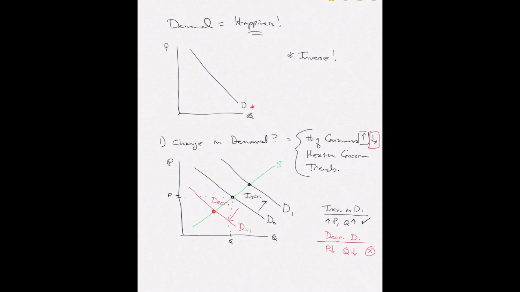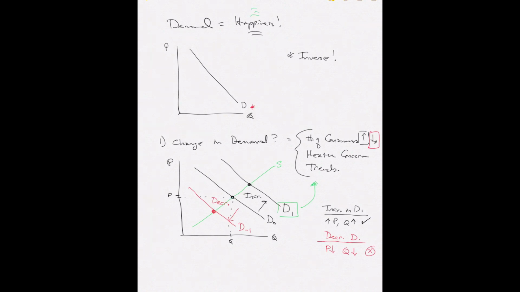However, if you have another situation where you lose consumers, then you can see you have this lower situation, and so we call that a decrease in demand, and this decrease in demand is going to cause price to go down and quantity to go down. And so this would be what most suppliers would consider to be a bad situation. So everything that producers do in the marketplace when it comes to demand is to try to increase it. This is their target. They really would like to see this situation happen.